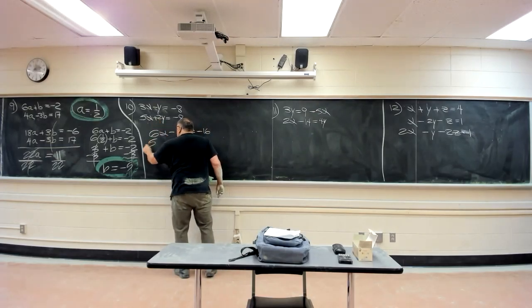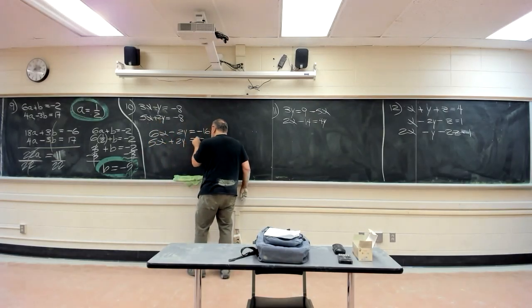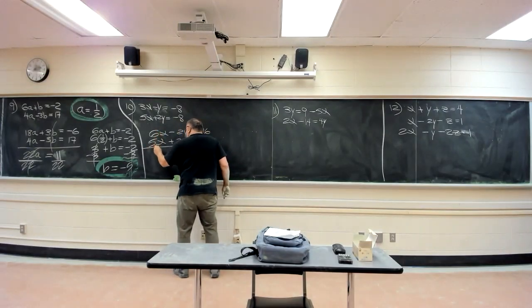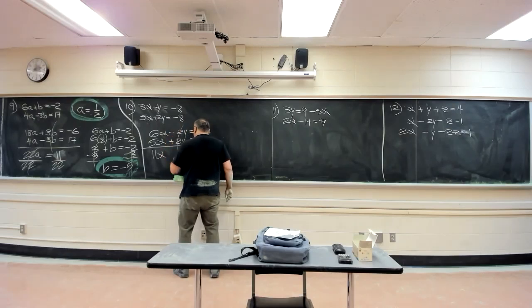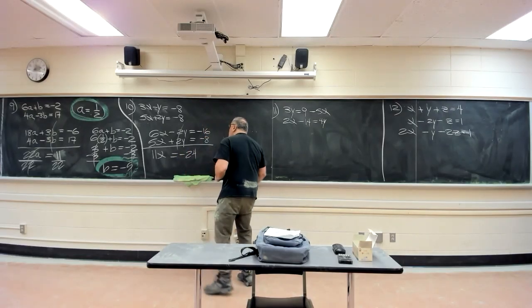Take this one. 6x and 5x is 11x. This and this is nothing. This and this, when added together, is negative 24.